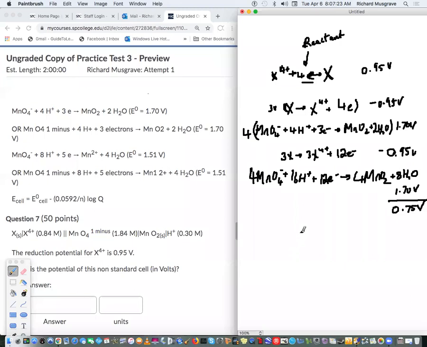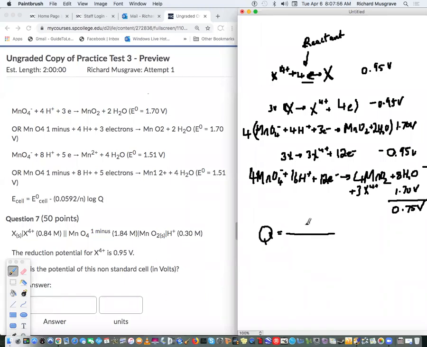Now the reason we do this is so we can calculate Q, and Q only includes everything that's got a concentration next to it. It doesn't include solids and it doesn't include water. So Q in this case is going to be, well, I missed something here, didn't I? 3X4+ up here. Okay.